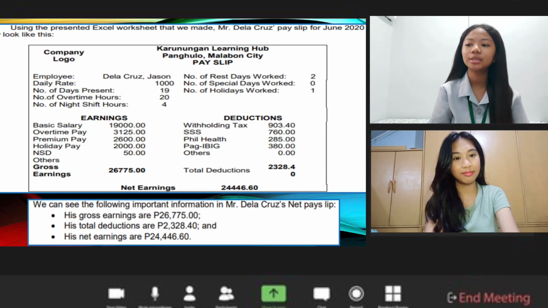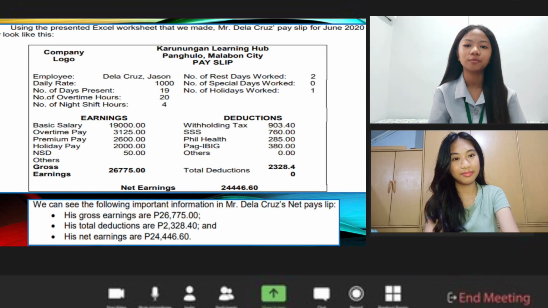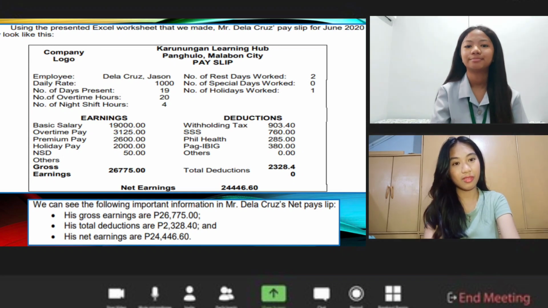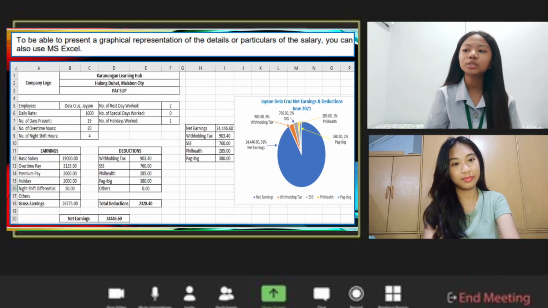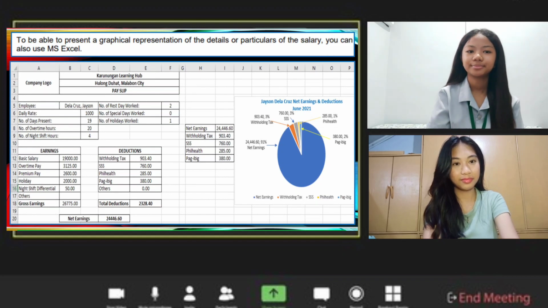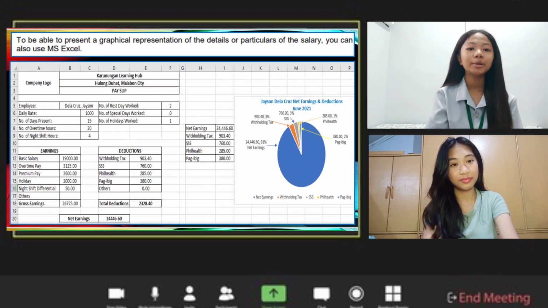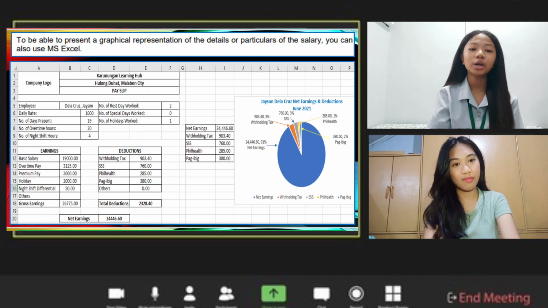And then his net earnings are 24,446.60 pesos. So for us to be able to present a graphical presentation of the details or particulars of the salary, you can also use MS Excel.